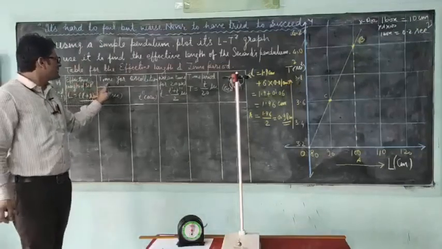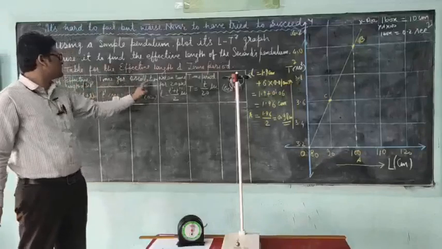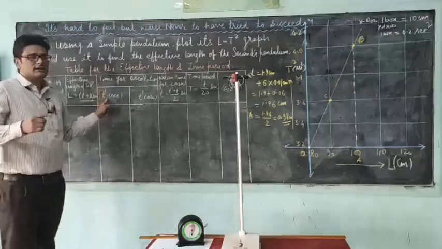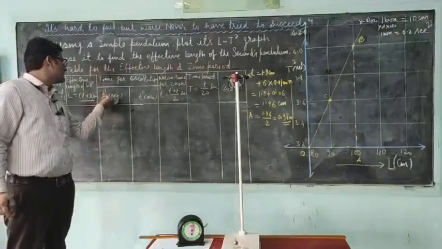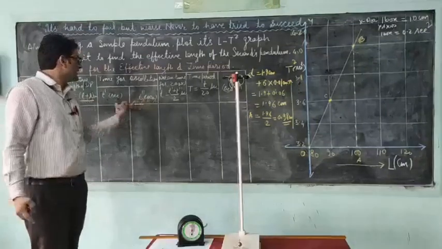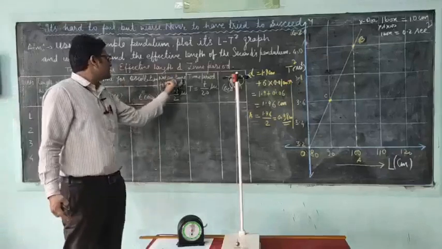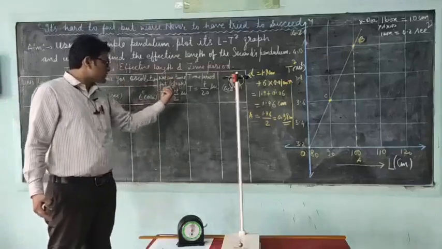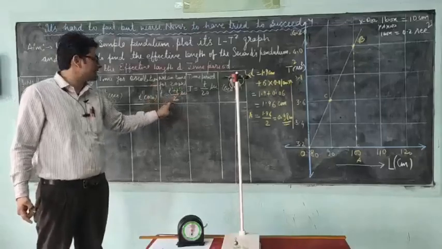The next column is the time for oscillations. In the same oscillation, first we will take T dash, and in the same manner we will take T double dash, measuring the time with the help of the stop clock. Next is the mean time for 20 oscillations, T equal to T dash plus T double dash divided by 2.